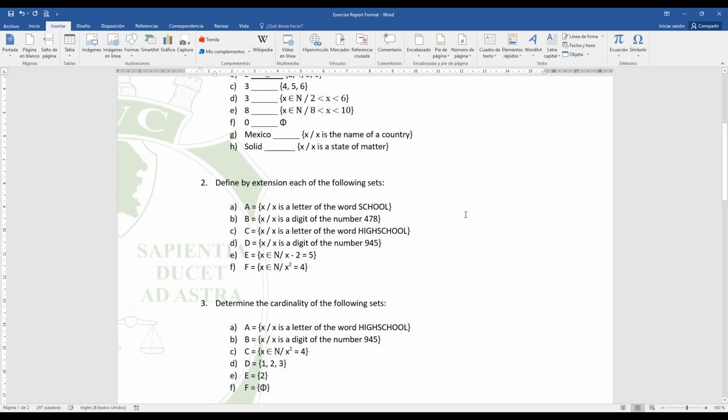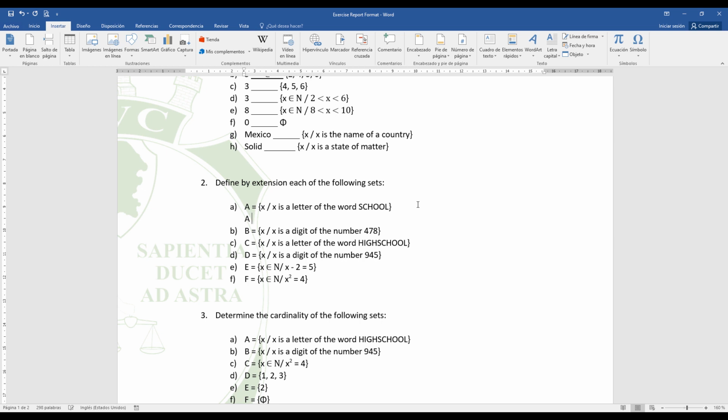Now exercise number 2. Define by extension each of the following sets. What is by extension? You need to list all the elements. So here, what is the answer? A equals, x is a letter of the word school, so it's S, C, H, and only one O. Remember, you cannot repeat elements of a set.